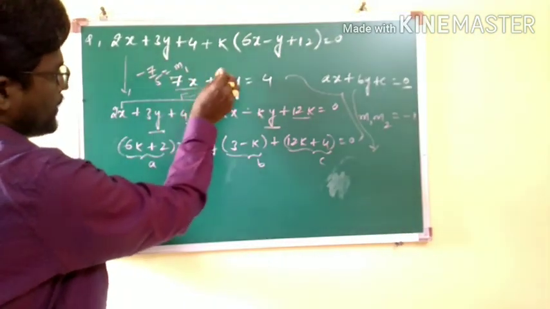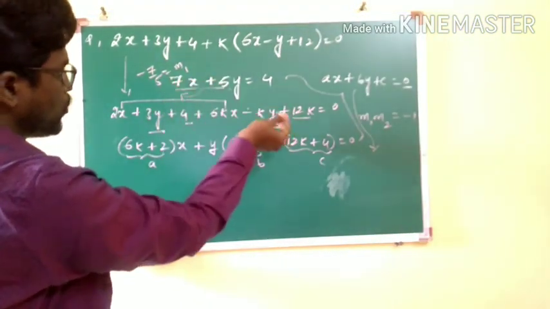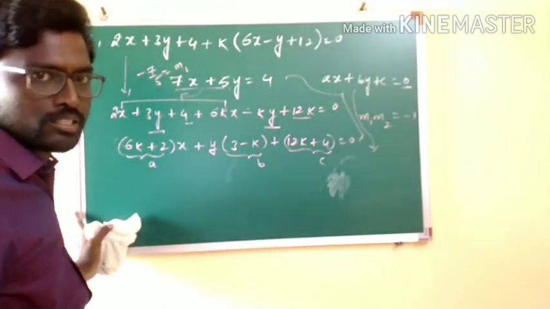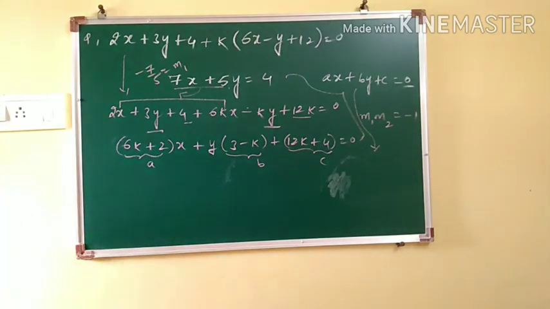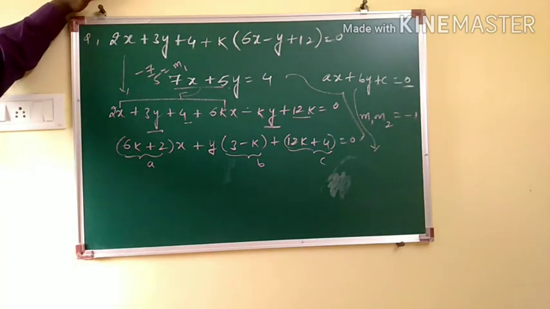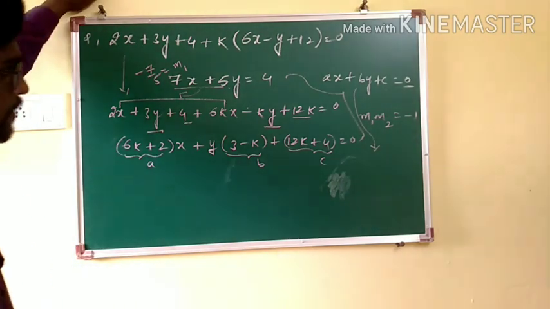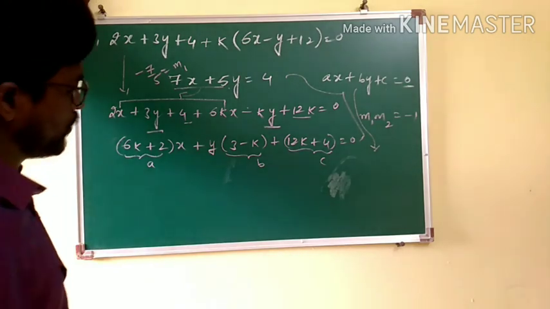It is a and it is b, therefore minus a by b is the slope, so m1 is equal to minus 7 by 5. So what about m2? m2 means the slope of line 2, that is 6k plus 2 into x plus y into 3 minus k plus 12k plus 4 equal to 0.